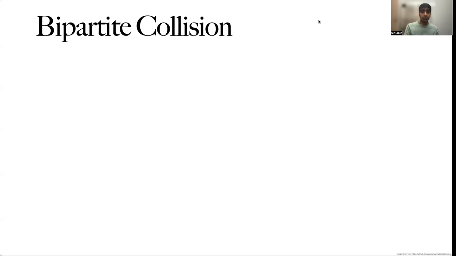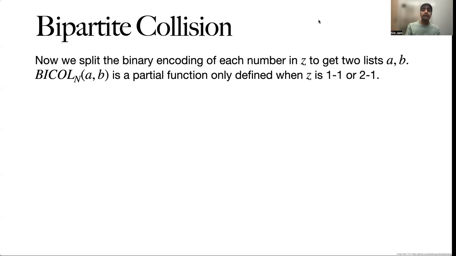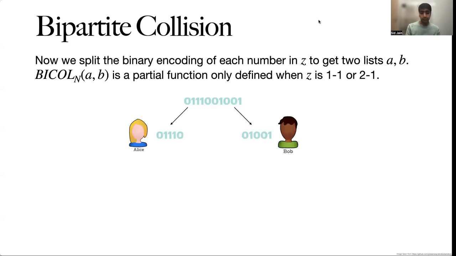In this problem, what we do is that we take the binary encoding of the numbers and split them between Alice and Bob. So we get two lists by splitting the inputs in two, and we give each list to Alice and Bob. And when I say split, I really just mean take a number with an even number of bits in its representation, and give the first half to Alice and the second half to Bob.